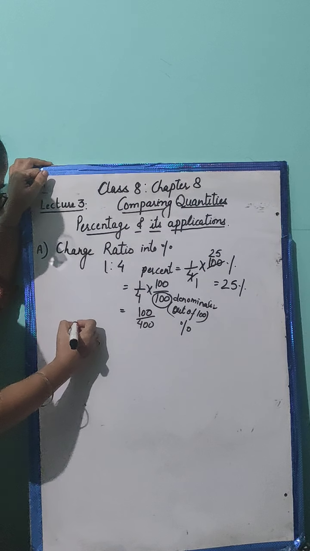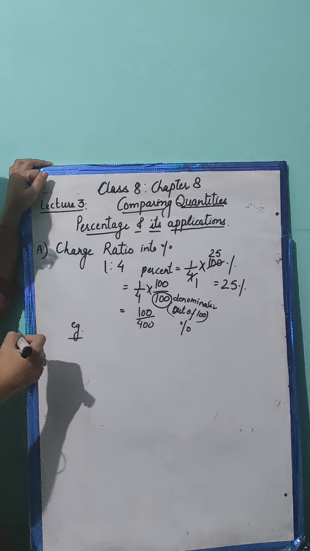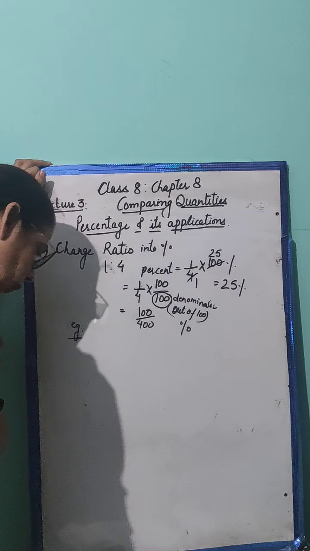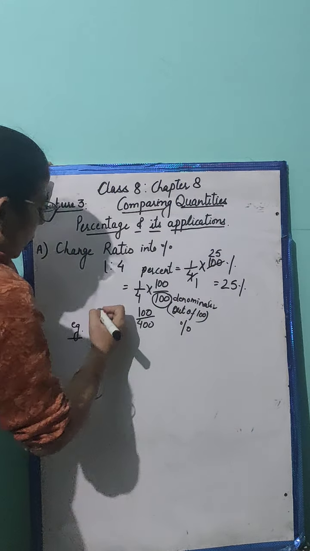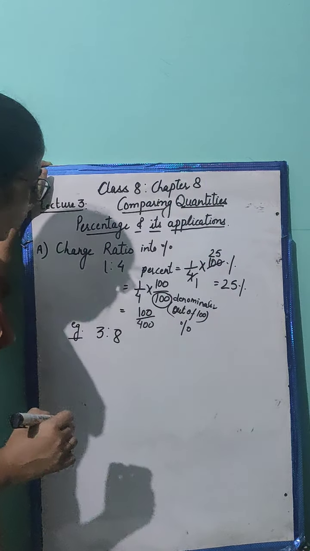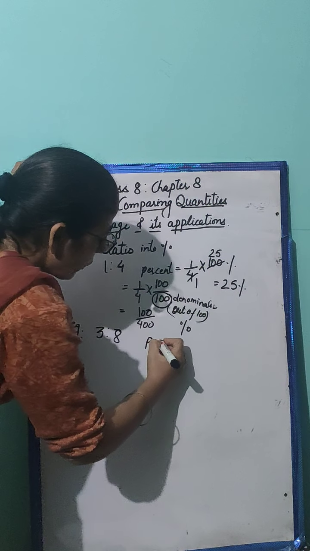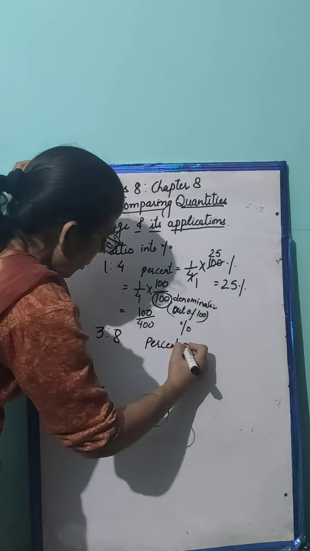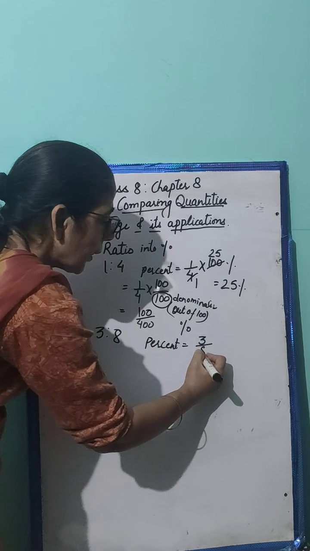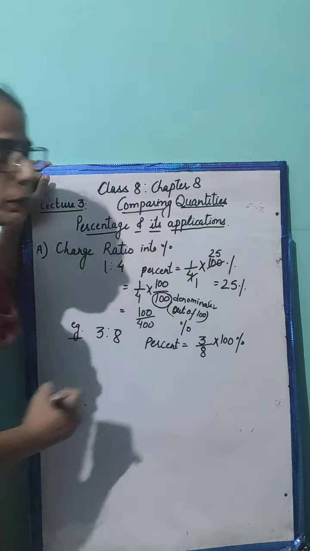If I want to change 3:8 into percent, what should I do? 3:8 means 3/8 multiplied by 100 and the sign of percent.